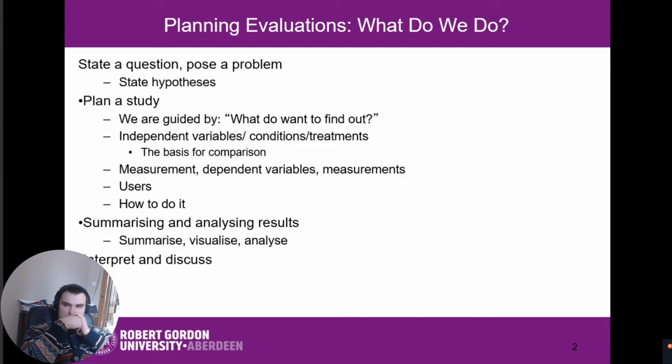Okay, can I actually show that something works or doesn't work? And then what you must do is that you design your study based on independent variables, which are the conditions or treatments. These are expressed as a diagram of factors, and again we'll go back to that in the lab today. And what guides you there is you're making a comparison.